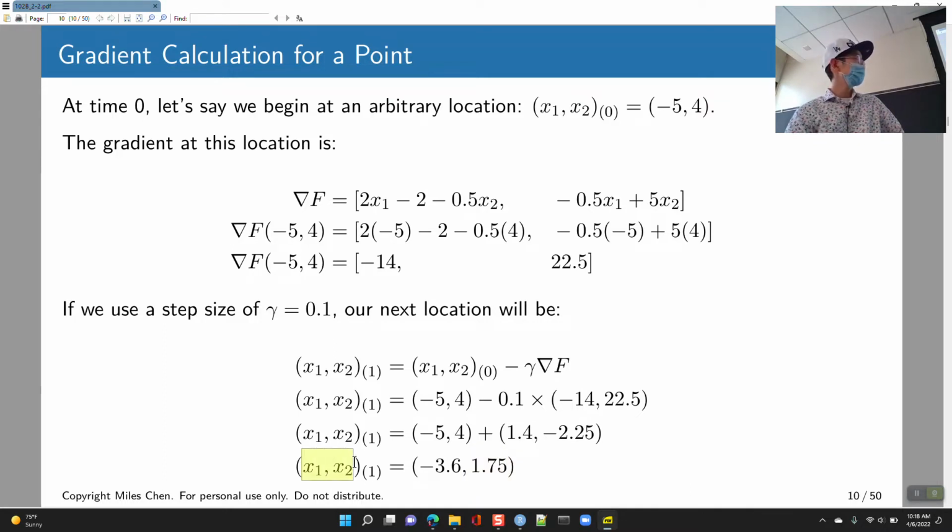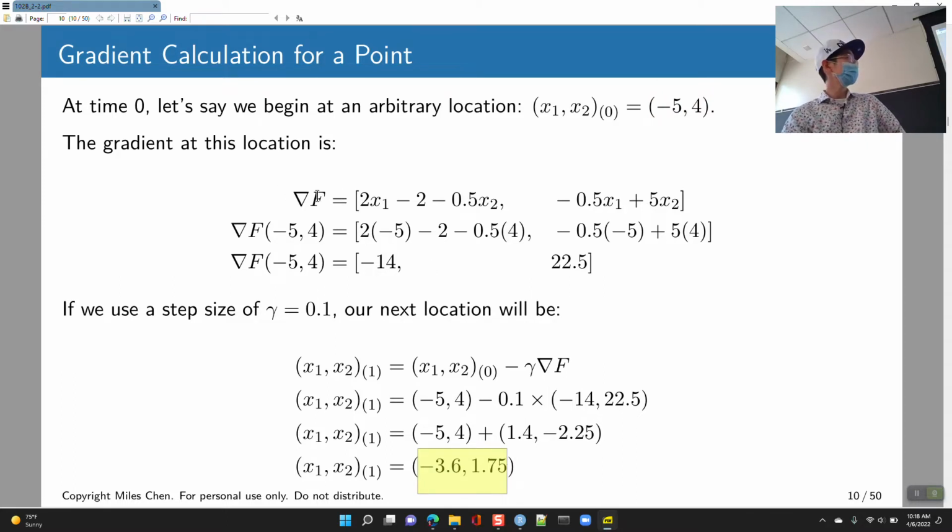And so x1, x2 at time 1 is going to be this. I just want to pause here and make sure everybody's okay with starting off at -5, 4 and ending up at -3.6, 1.75, and the process to go about that.